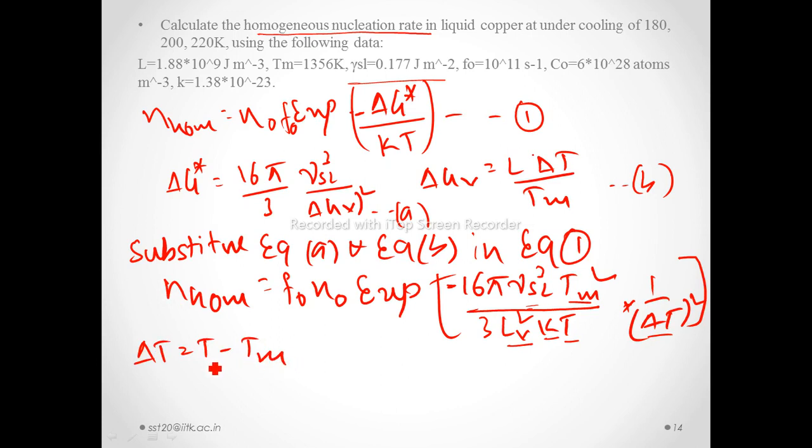So, sorry, Tm minus T. Then the T value can be obtained as Tm minus delta T. So from here we can calculate the T value, and we need to calculate the rate of homogenization at different delta T values. That means different undercooling.